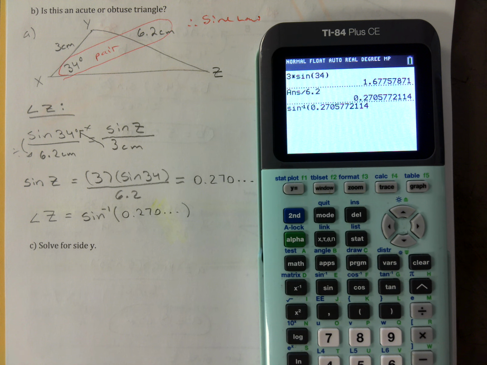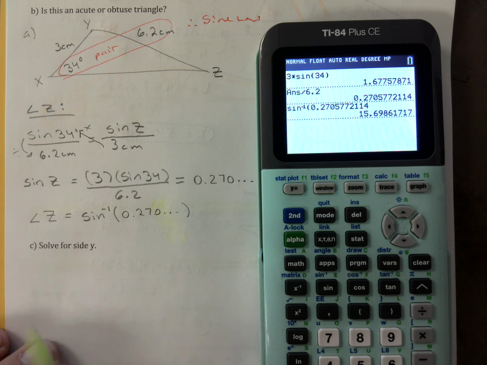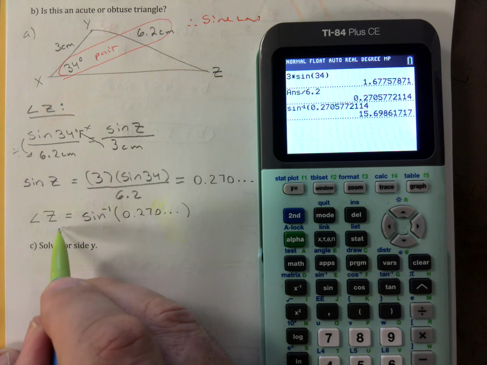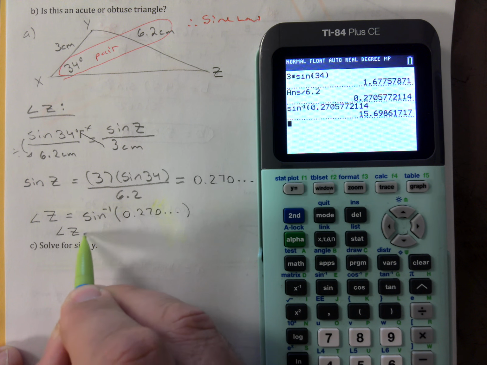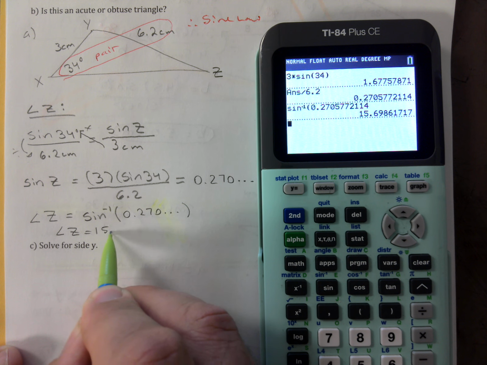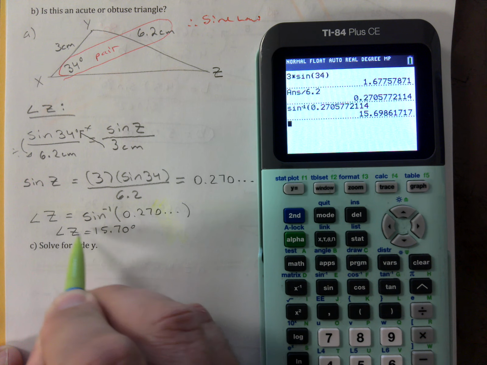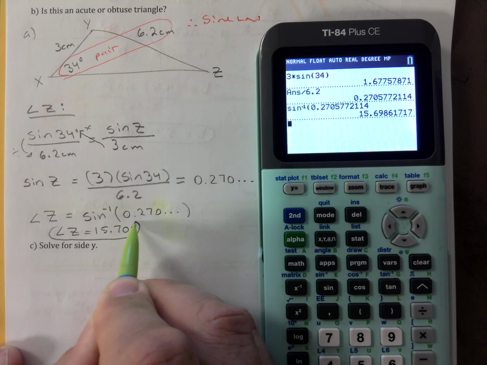And then hit enter one more time. So it's 15.70 if you round that. So angle Z, it's a little tight here, I apologize, is 15.70 degrees.